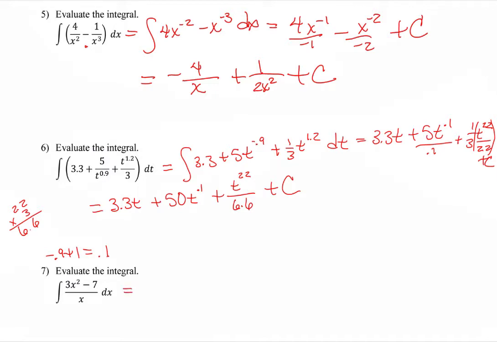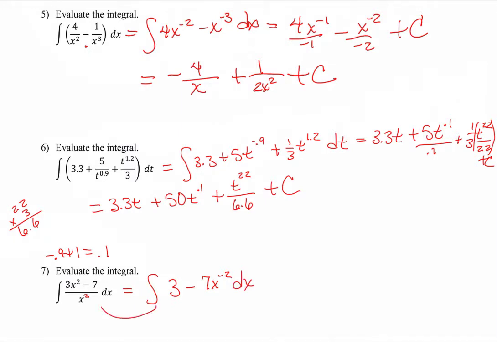This equals the integral of 3. I changed this to a square, so this should be x squared. So this is 3 minus 7x to the negative 2 dx.